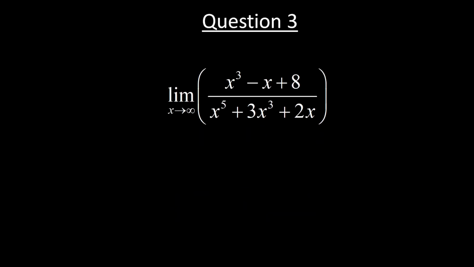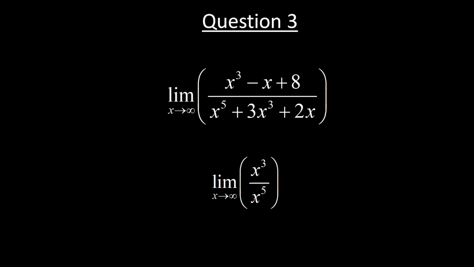So check this out for question 3. Now, I know you may have just seen this for the first time, but if you remember, the dominant term is in the denominator. If the dominant term is in the denominator, then this limit is 0.